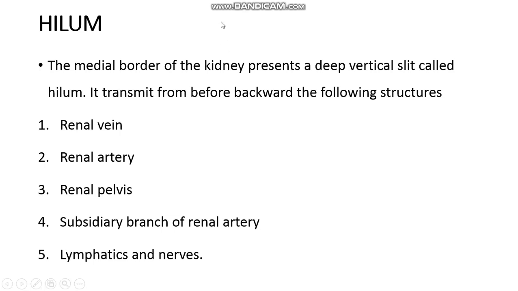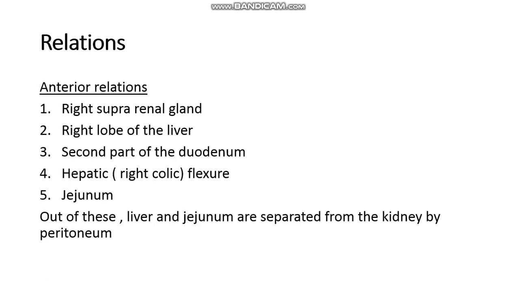Some of the features enter through this hilum from before backward, that is renal vein, renal artery, renal pelvis, subsidiary branch of renal artery, lymphatics and nerves. So from before to backward, the structures are renal vein, renal artery, renal pelvis, subsidiary branch of renal artery, lymphatics and nerves.